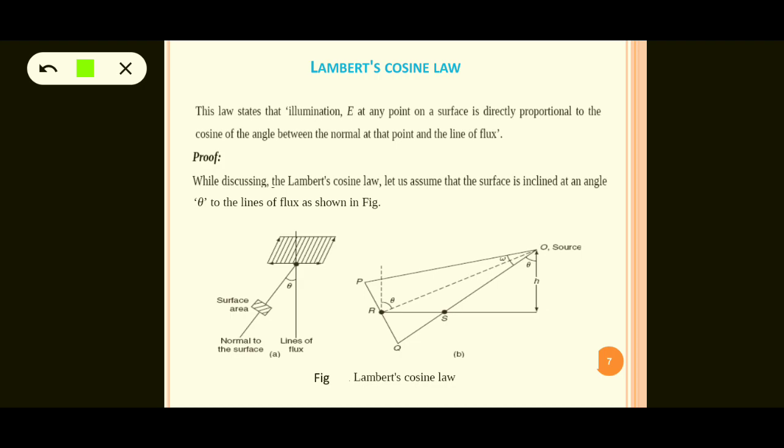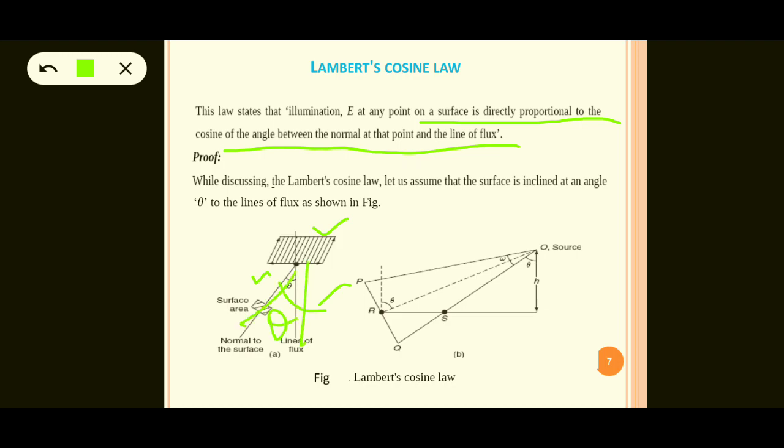So here the law is that the illumination on the surface is directly proportional to the cosine of the angle between the normal at the point and the line of flux. Here theta is the angle between the line of flux and the normal to the surface.